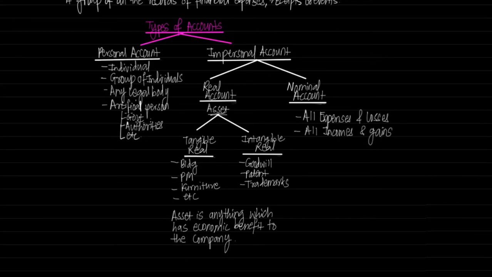So why is it necessary to learn the types of accounts? Because after identifying a transaction, while recording it into the books of accounts, we should know what type of account it is, and on the basis of that, when the golden rule is applied to a transaction, we can accurately record the transaction into the books of accounts.